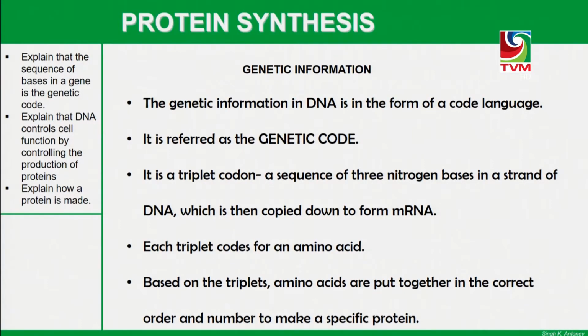Triplet means, tri means 3, that means 3 letters. The triplet codon is a sequence of 3 nitrogen bases in a strand of DNA, which is then copied down to form a messenger RNA. When we study the steps in protein synthesis, we will talk about it again.